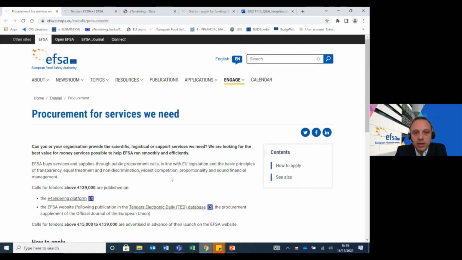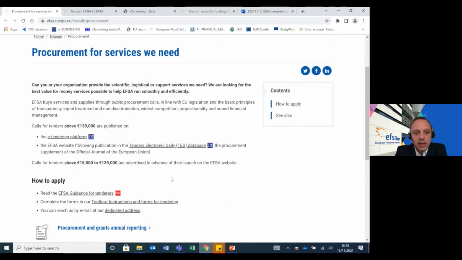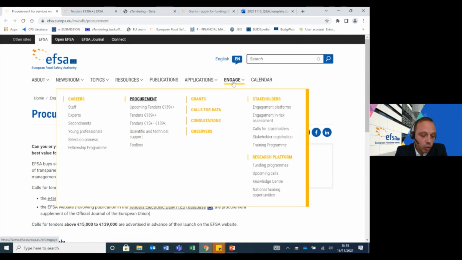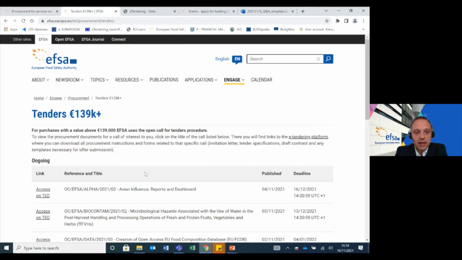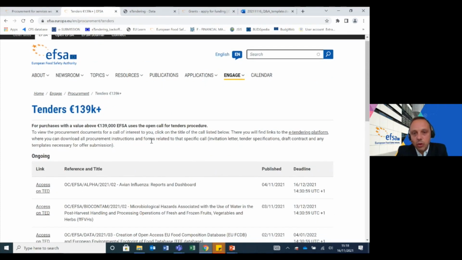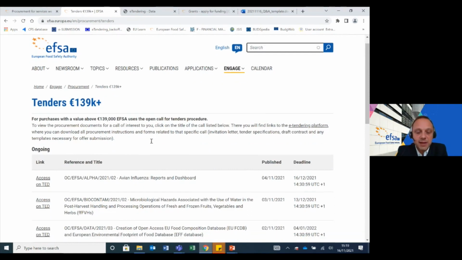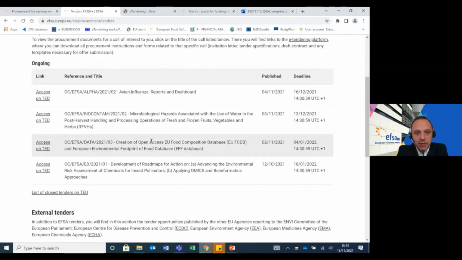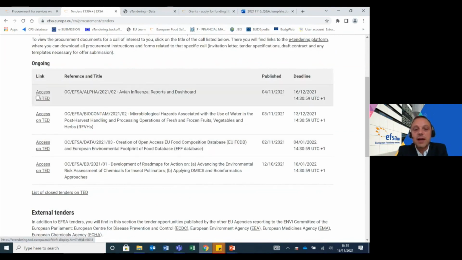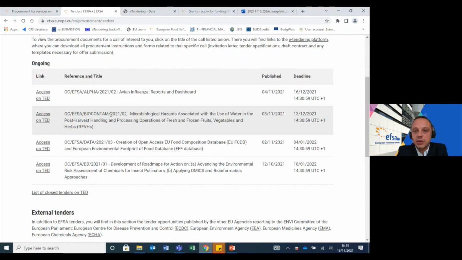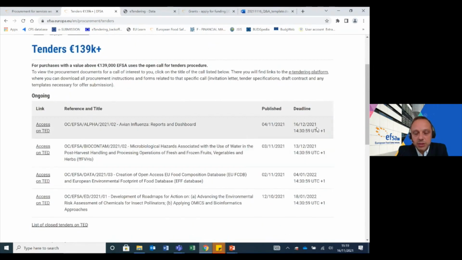So if we go under Engage into the open calls, we can see together how these calls are displayed. This is the list of the open calls that are actually open at the moment for EFSA. They come with a reference and title, and on the right-hand side, you have the date of publication and the deadline for application.